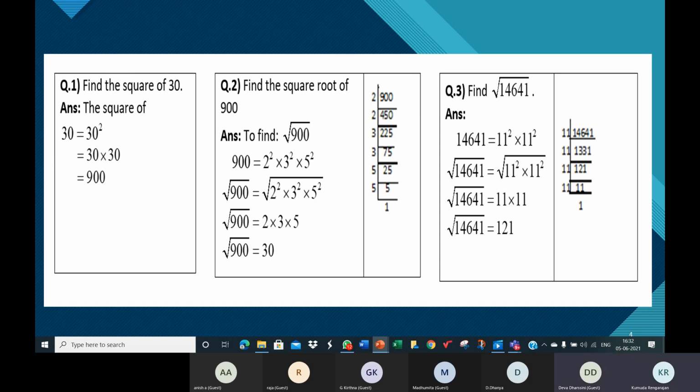Let me ask you a question. 40 is a multiple of 8, correct? Is the statement true or false? True, ma'am. Okay. If 40 is a multiple of 8, then 8 is a dash of 40.